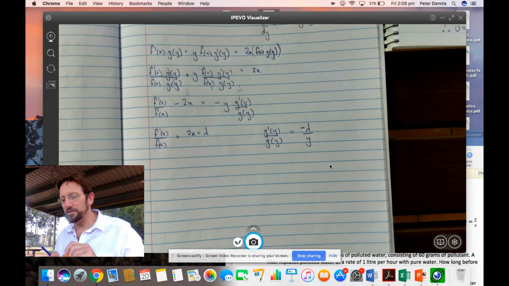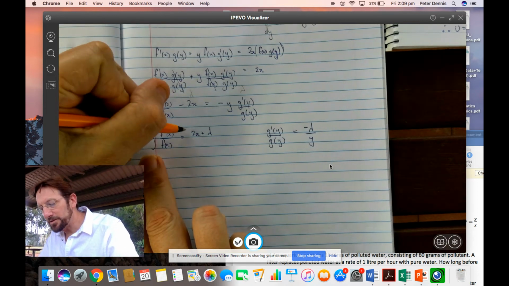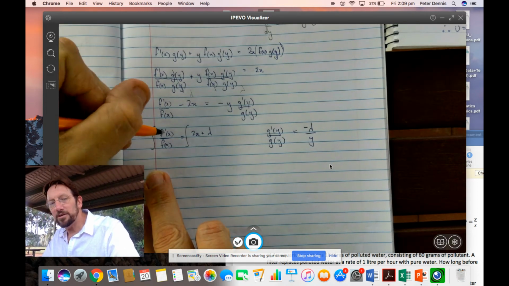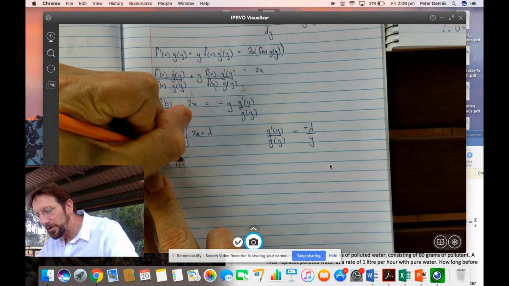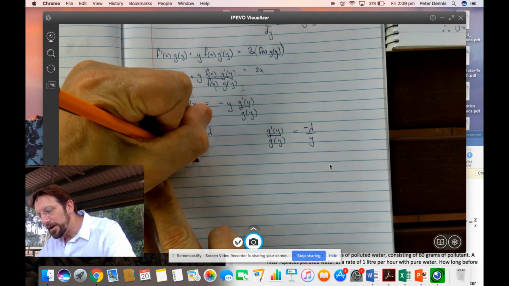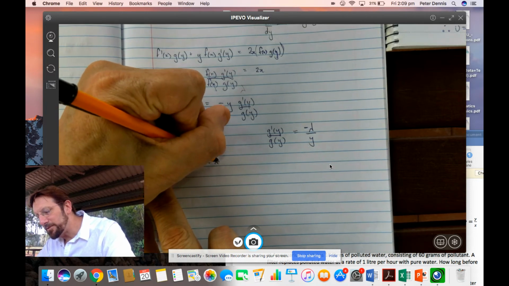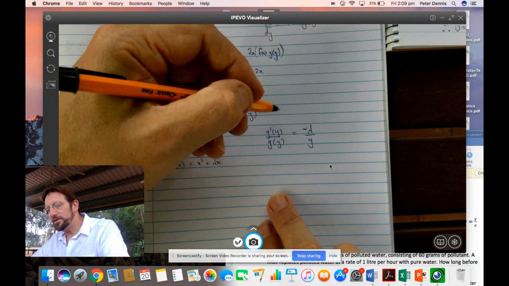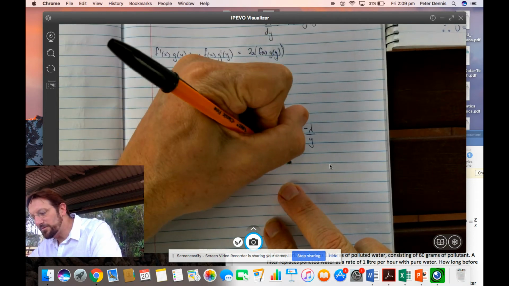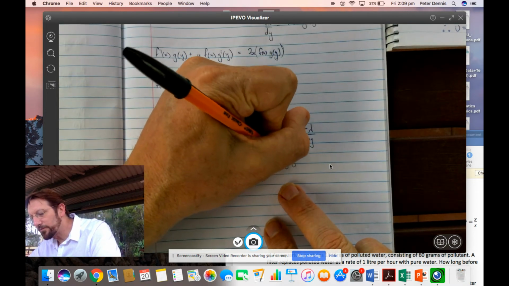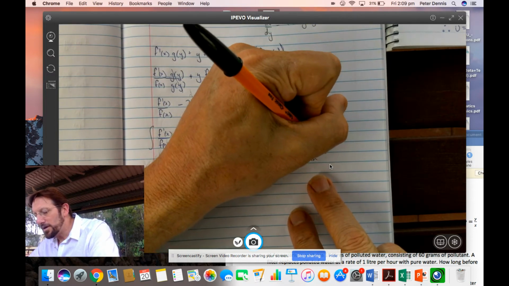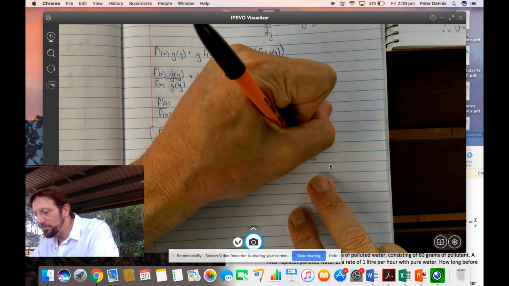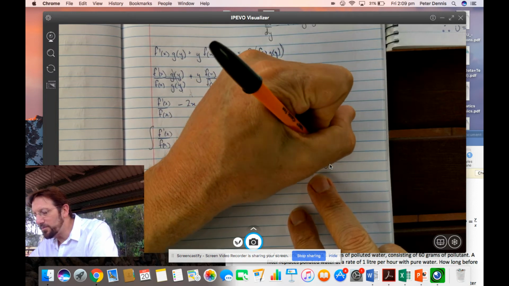So we integrate this side. This is just straight away the log of f of x equals what? x squared plus lambda x. This side becomes the log of g of y equals minus lambda, the log of y.